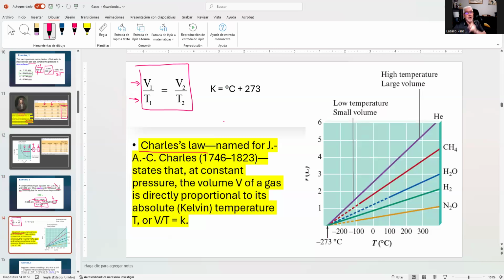Well, here it is very important that you work with the temperature in Kelvin. If you use Celsius, the answer will be incorrect. Here in the Charles law, you have to convert Celsius to Kelvin using this equation.